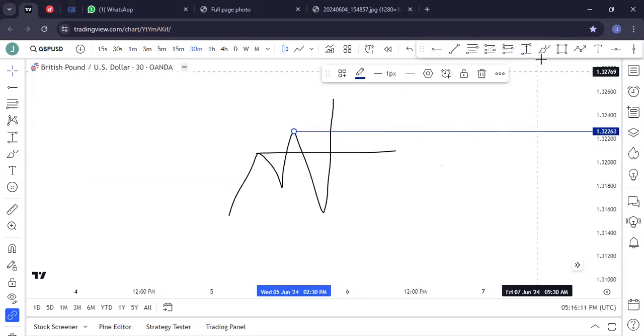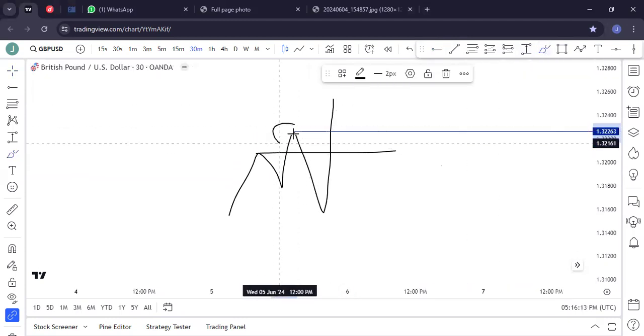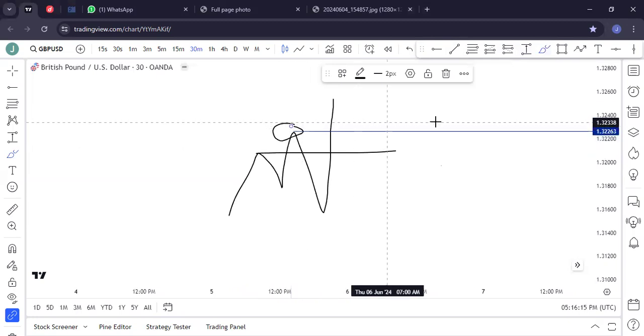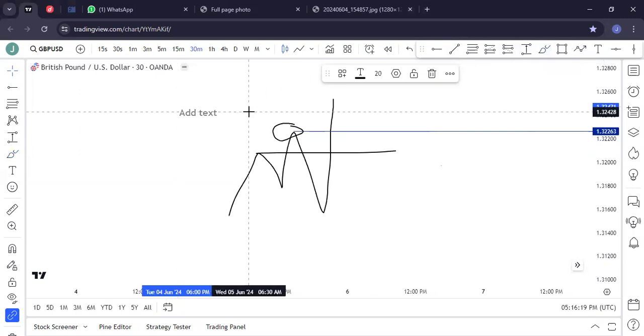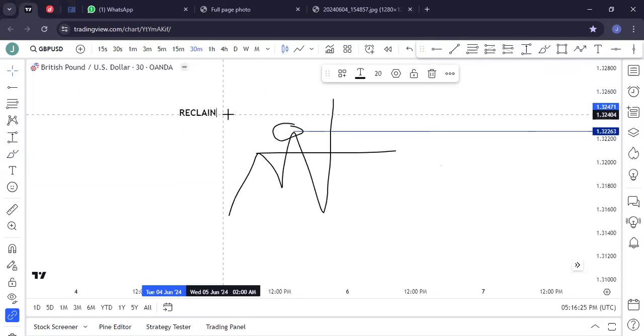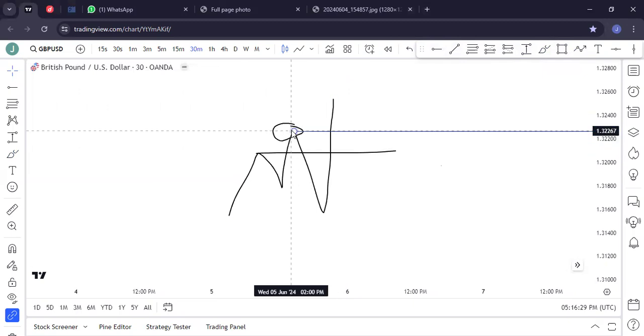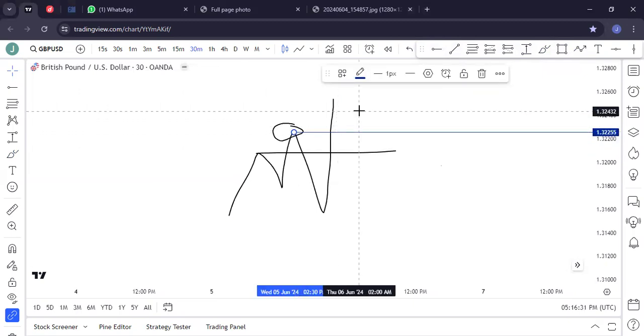So this point here is what we call the reclaim point. Now, why do we call it reclaim point here?